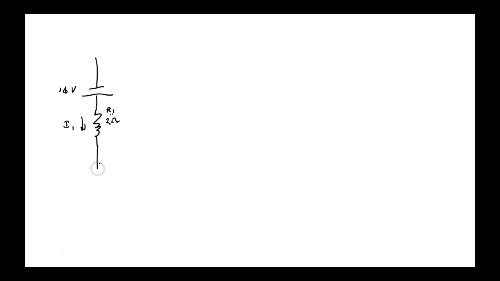Come down here. Hang a left. Somewhere over here you hit node 1. So I1 is coming into node 1. Leaving node 1 is I2.